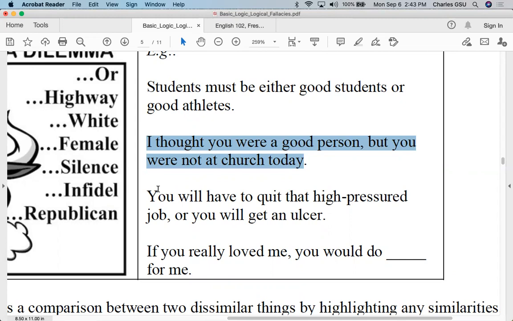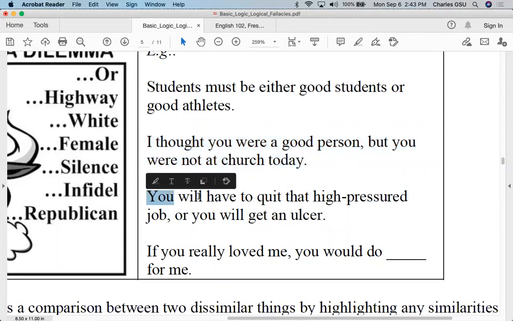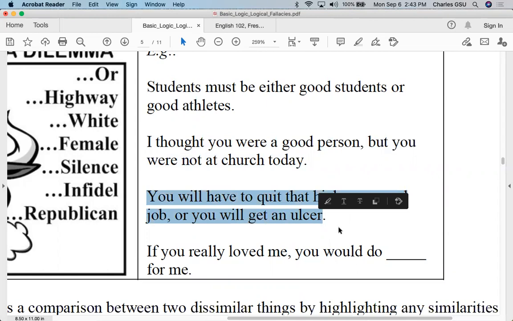I think it's more in acts and deeds than in appearance. You will have to quit that high pressure job or you will get an ulcer. Well, no, you could take a vacation, you could work from home, you could compromise your hours or do something else. We don't necessarily have to quit.